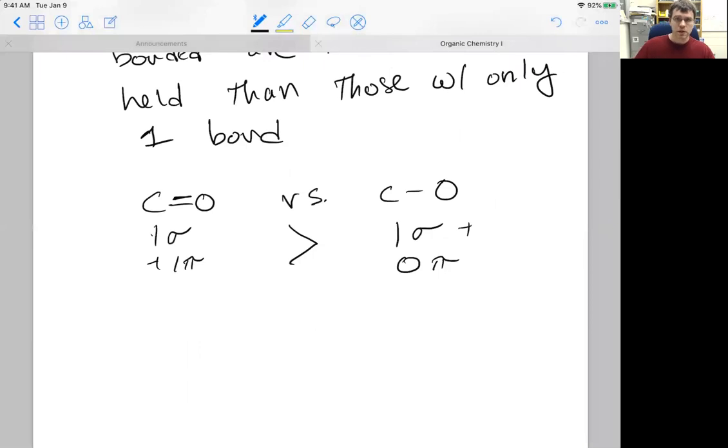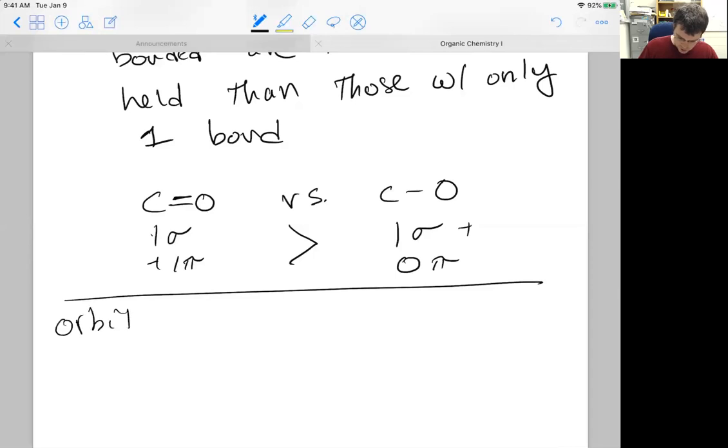Now we can actually look at the entire orbital view of this molecule. This molecule is called ethene. Let's just pick it as an example.